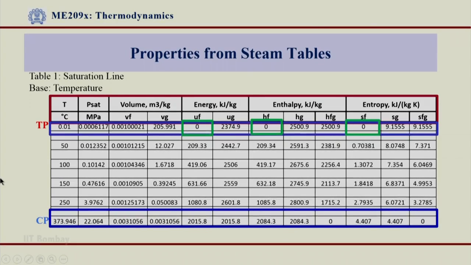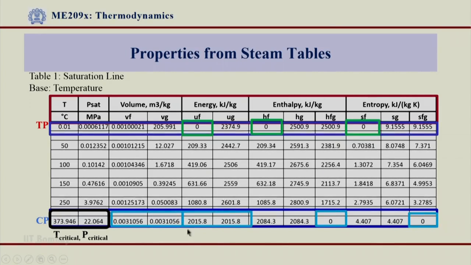Now I would like to have your attention on the last point, which is the critical point temperature here, 373.946 degree centigrade. Corresponding to that, you have got a P sat T, which is the critical pressure of 22 MPa. The points to be noted here are T critical, P critical.